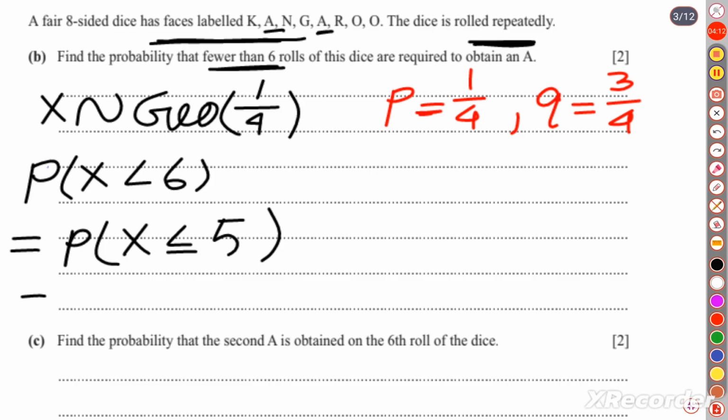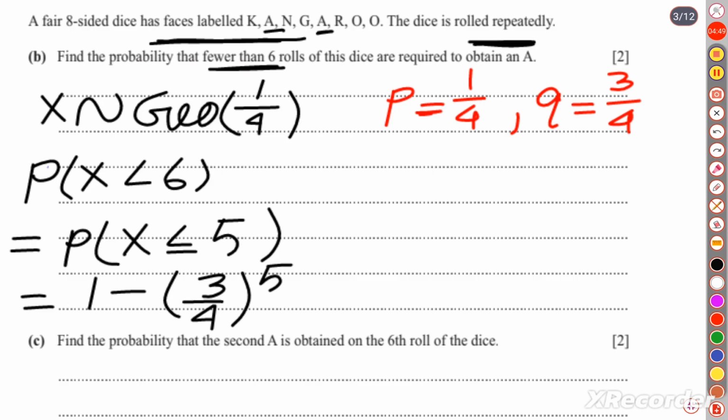And the formula for this is 1 minus, so all 5 attempts were not failures, somewhere there was success. So we subtract the probability of not obtaining A, which is 3 over 4, raised to 5, since it was rolled 5 times.